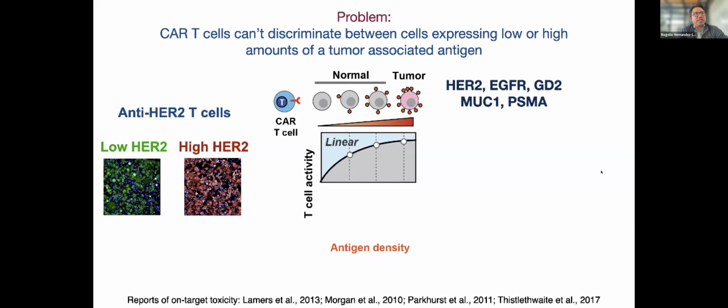To give you an idea of what will happen, I'm going to show you in a moment a movie with microscopy images of cells that express low levels of this antigen HER2 in green to your left, and to the right of that, another co-culture with cells that express high levels of the antigen in red.